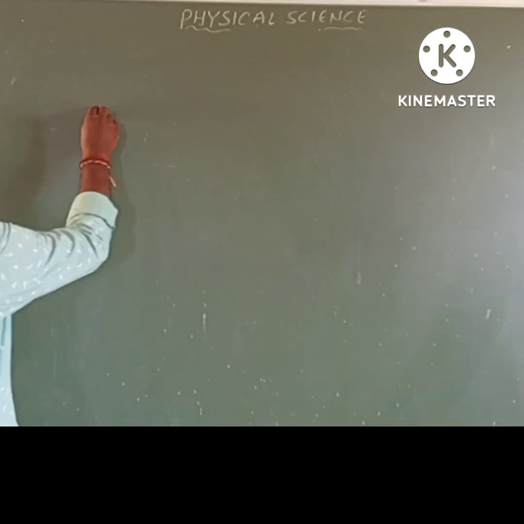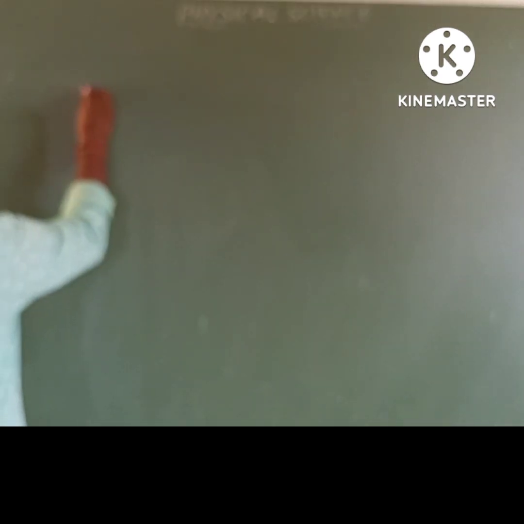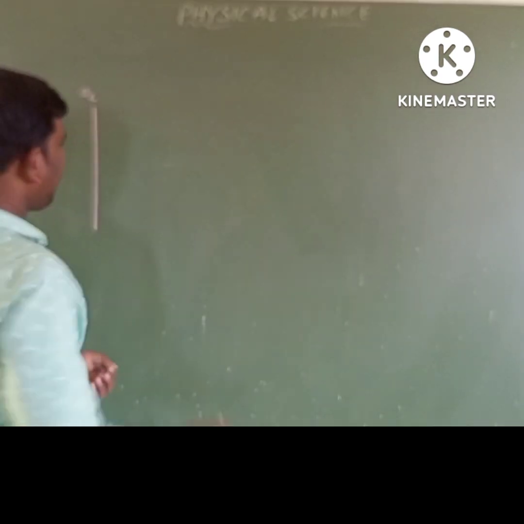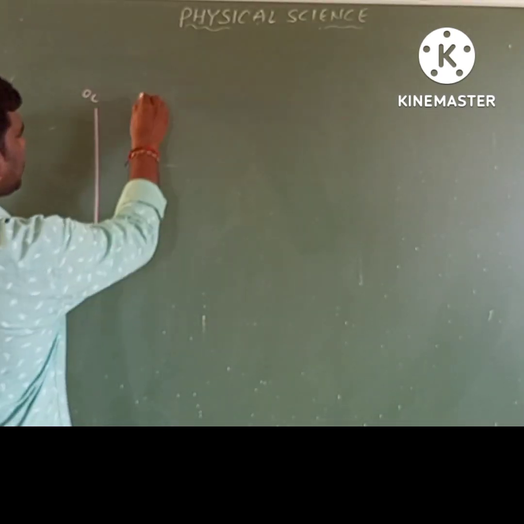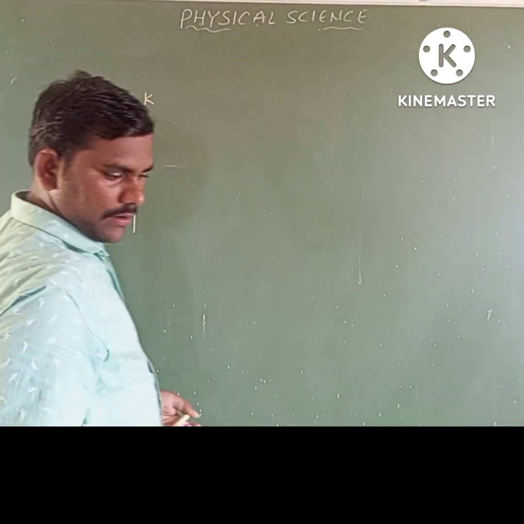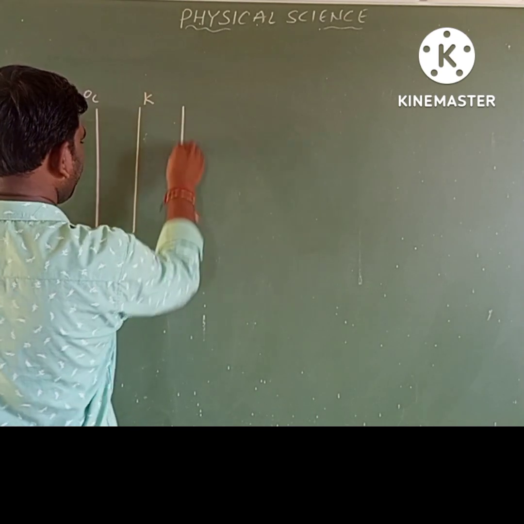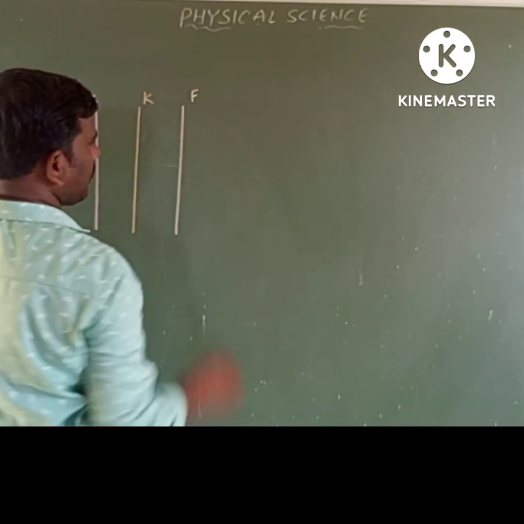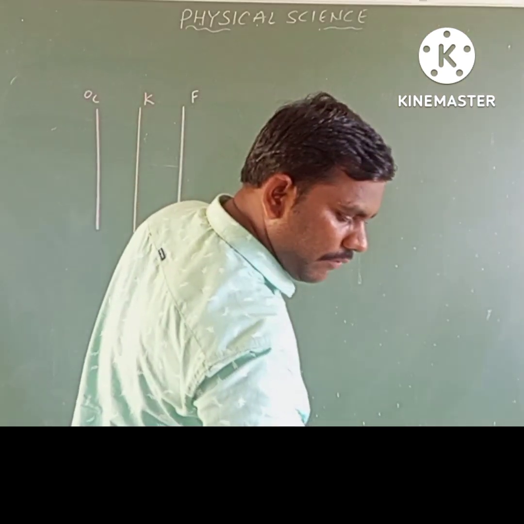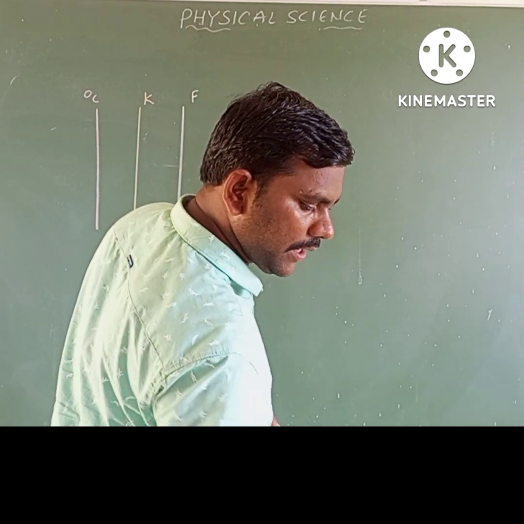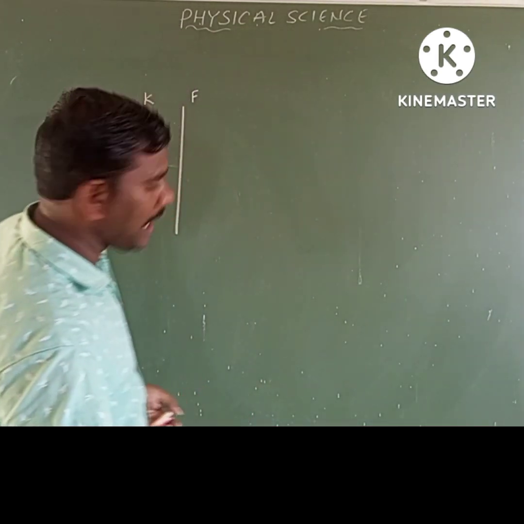So let's see. First one, degree Celsius, second one, Kelvin scale, and third one, Fahrenheit. So here, what is the lower fixed point and upper fixed point?